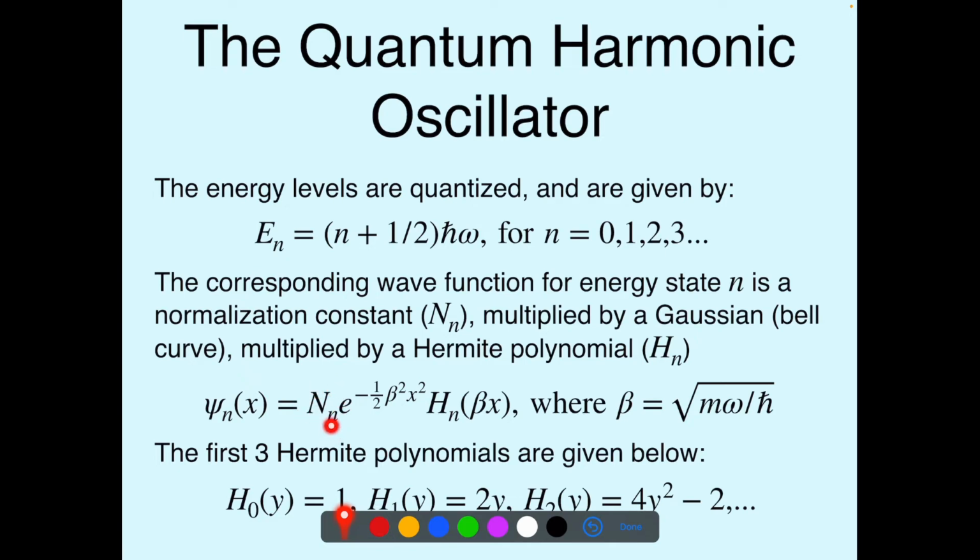The Gaussian part is this. It's e to the minus 1/2 beta squared times x squared. So the shape of this function is like a bell curve. You've probably seen that sort of thing before. Now, beta is just a collection of different constants to make this a little bit more compact. Beta is equal to the square root of m omega over h bar.